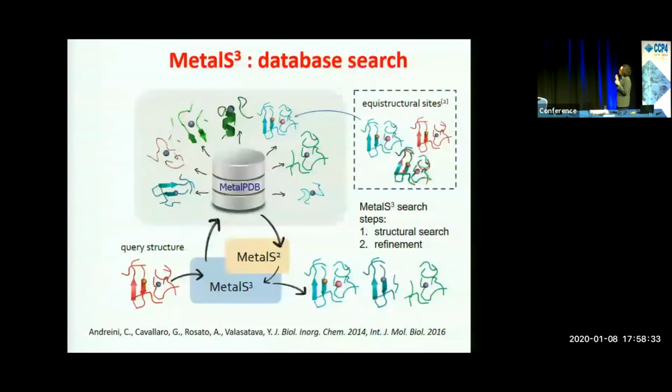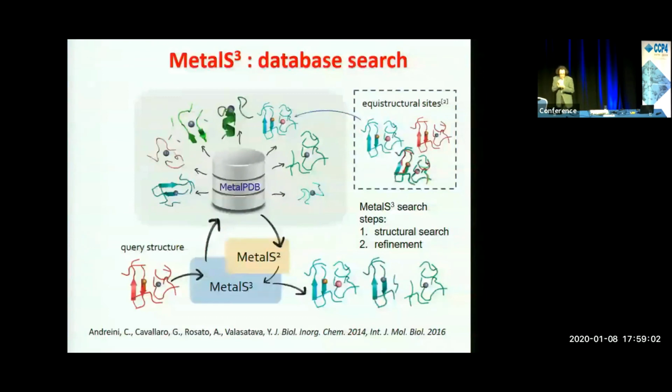The software will identify the metal sites in your structure, and we go through the metal PDB database and find all sites that have local structural similarity to the metal site in your newly solved structure. And so again, this can give you a hint which are the structural features around that metal that are already known from the PDB in a way.